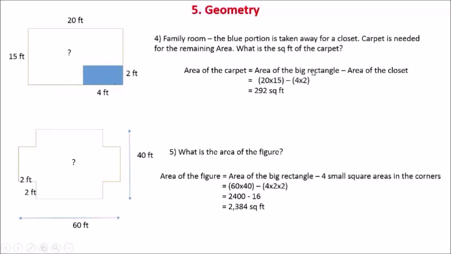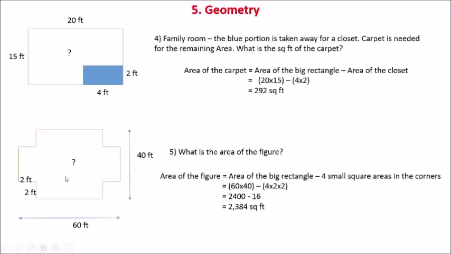So the big rectangle is 20 times 15, and the area of the closet is 4 times 2, and then take the difference, and that's 292. So the carpet you need is 292 square feet. That's what you need.